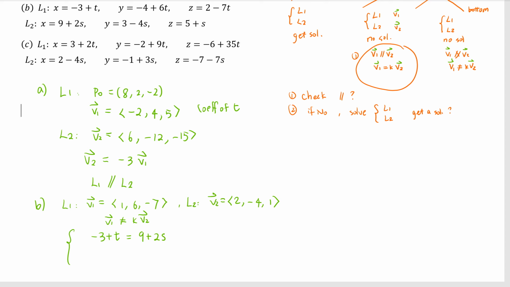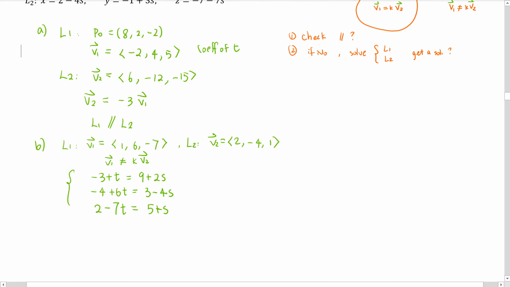And then next we set the y equal, so minus 4 plus 6t equals 3 minus 4s. Last we set the z equal, so 2 minus 7t equals 5 plus s. So here we have 3 equations and 2 unknowns. Okay, so we're able to solve it.